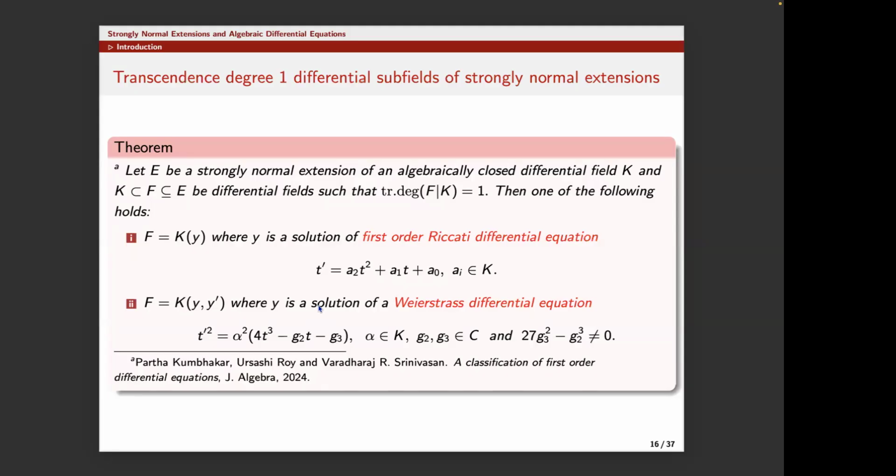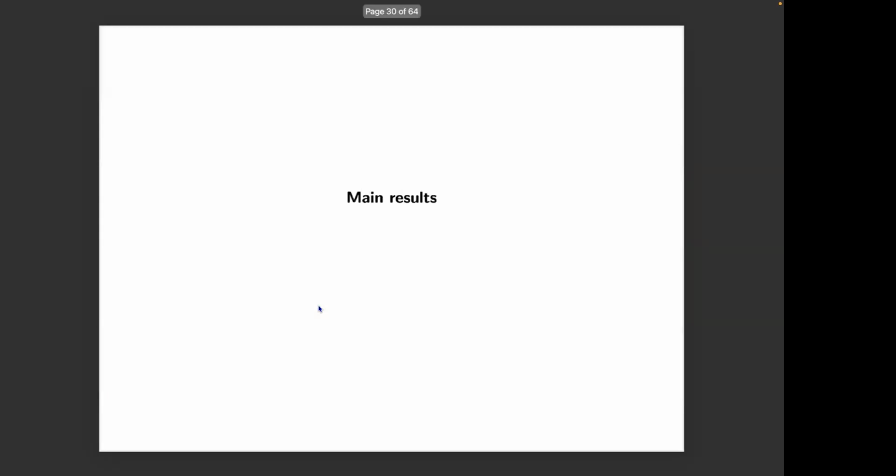So K(y, y') is either an abelian extension, that is, a strongly normal extension with differential Galois group an abelian variety, or it's a Riccati equation. Okay, let's move on to the main results.